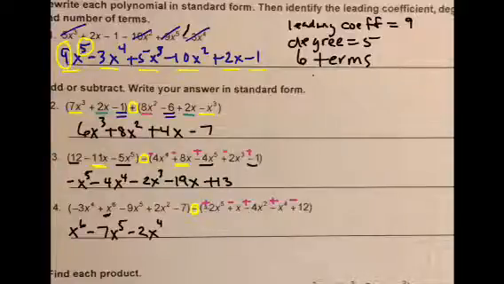Cubes, there are none. Squares, there are 2, a 2x squared and a 4x squared, so that gives me a 6x squared. X's, there's only one right here, negative x on the right one. And then constants, I've got negative 7 and negative 12, so that gives me negative 19.